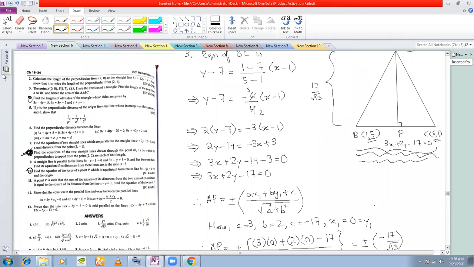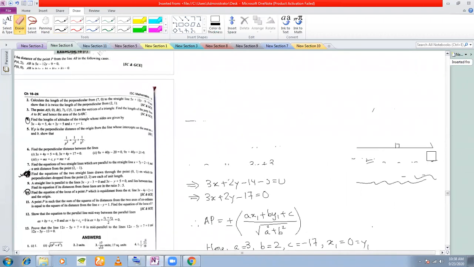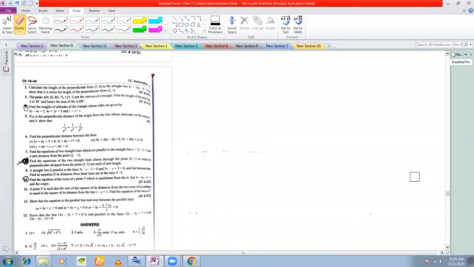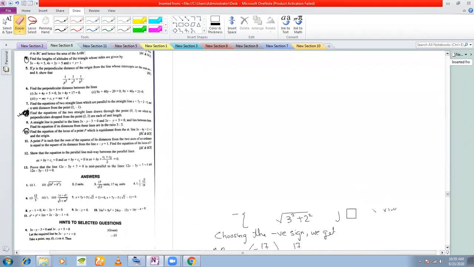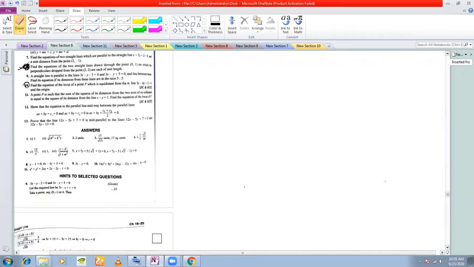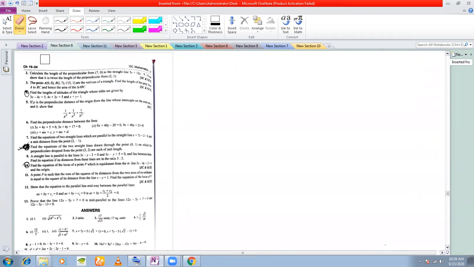So let us proceed to the next one, number 5. Here, the question is, if P is the perpendicular distance of the origin from the line whose intercepts on the axes are A and B, show that.